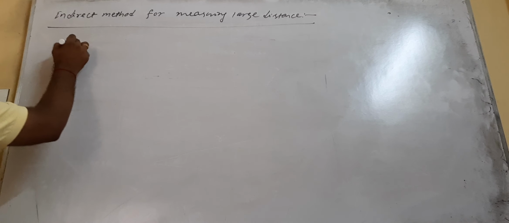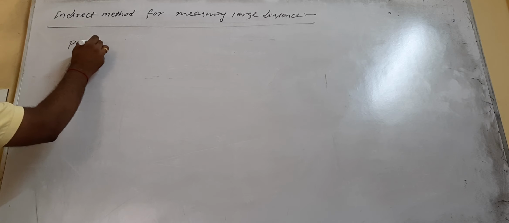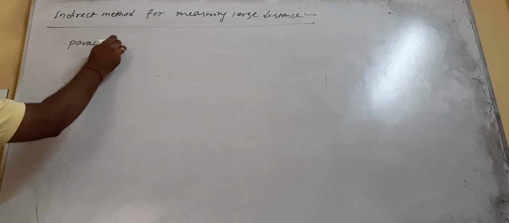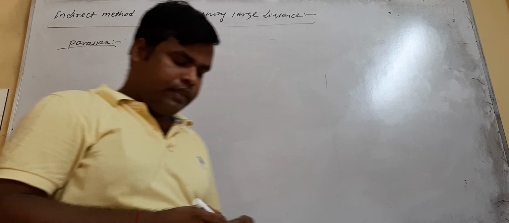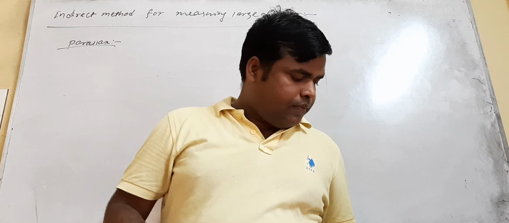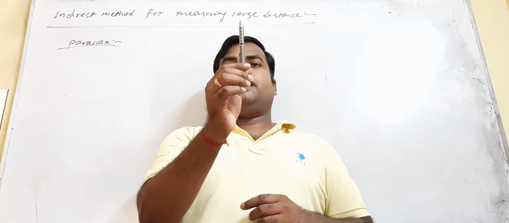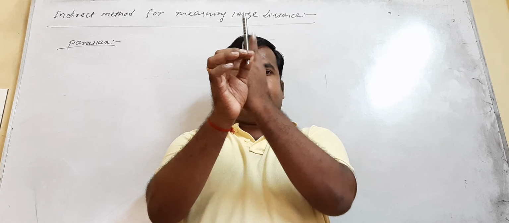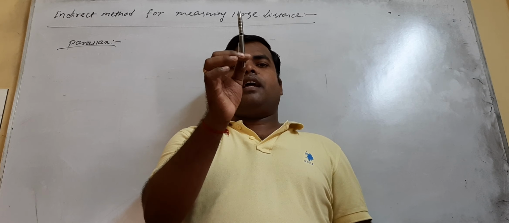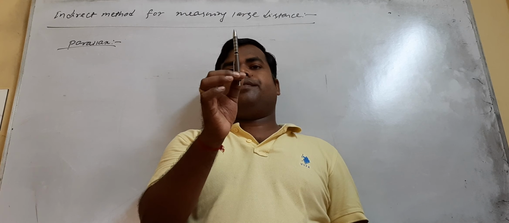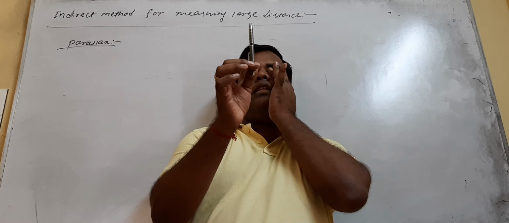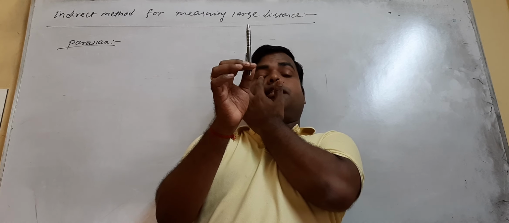First let us take parallax. What is parallax? You hold a pen in front of your head like this. You have two eyes. When you close this eye, then your point of observation is this eye.